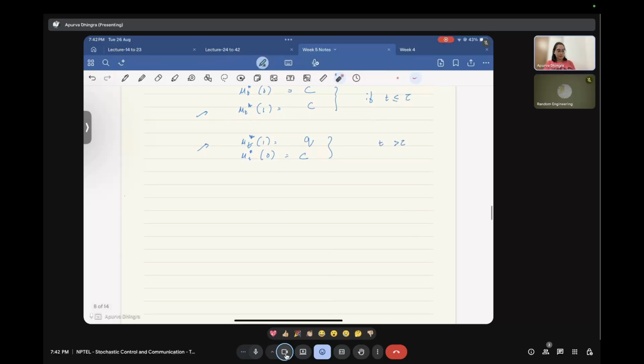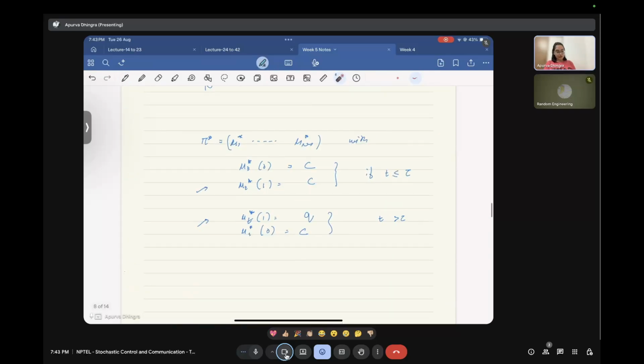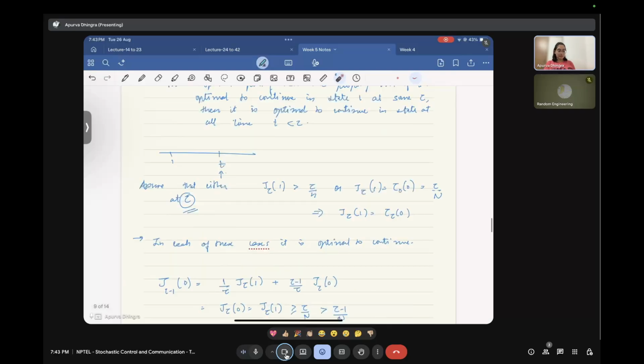Now, as a part of proving that this actually is the optimal, we have only made rough arguments so far. If we were to formally prove this, that also can be done. It says that at time t greater than tau, you could quit for any of the good ones.